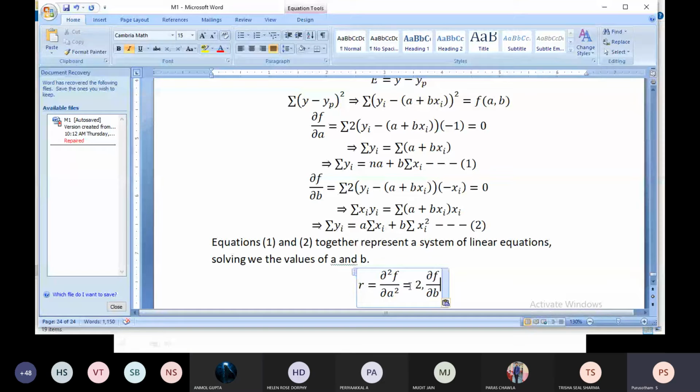Dou square f by dou b square is equal to something like this one, right? 2 into xi into xi square.